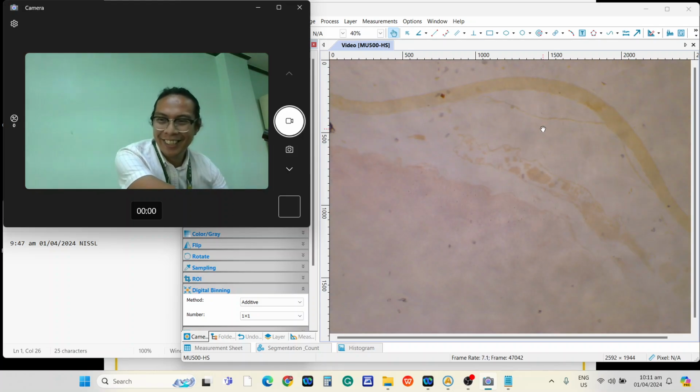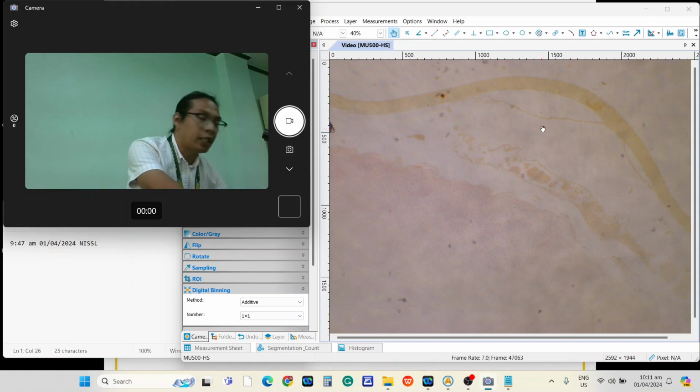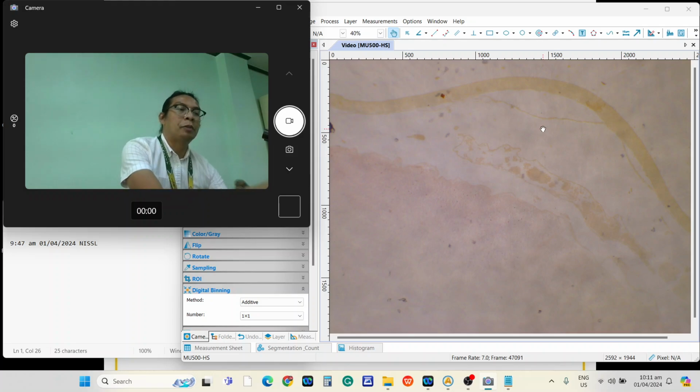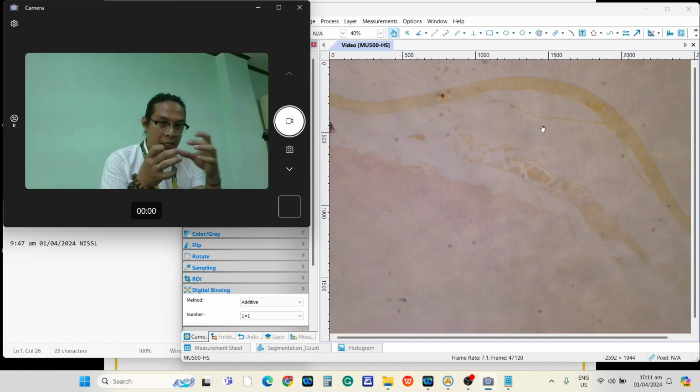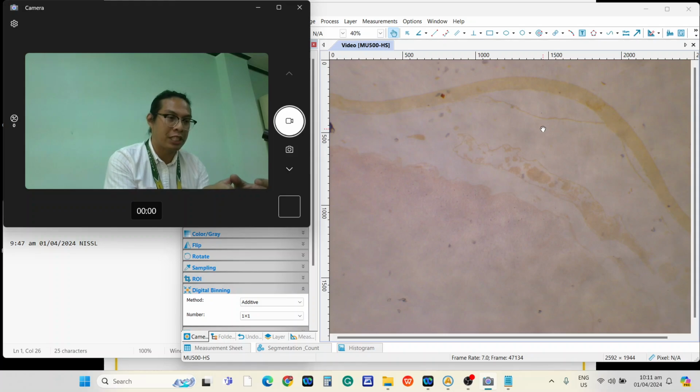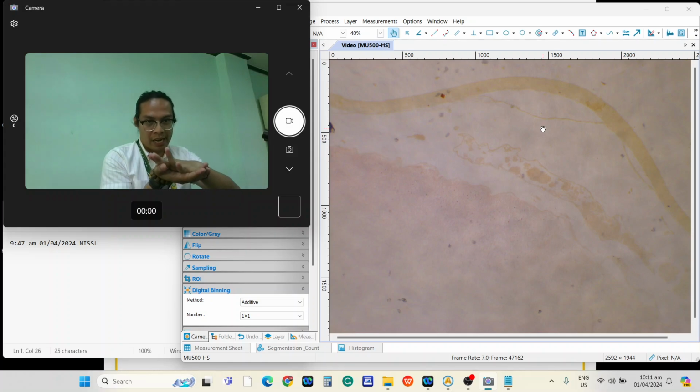Napakalinaw. Okay. Makikita nyo, minsan, ito naging problema. Kaya, di ba, kapag nakakabasag kayo ng slides, kahit yung cover slip lang, kahit buo pa yung slide, pinapapalitan na namin. Kasi, kapag nabasag yung cover slip, nagkakaroon ng opening from the sample sa outside environment.